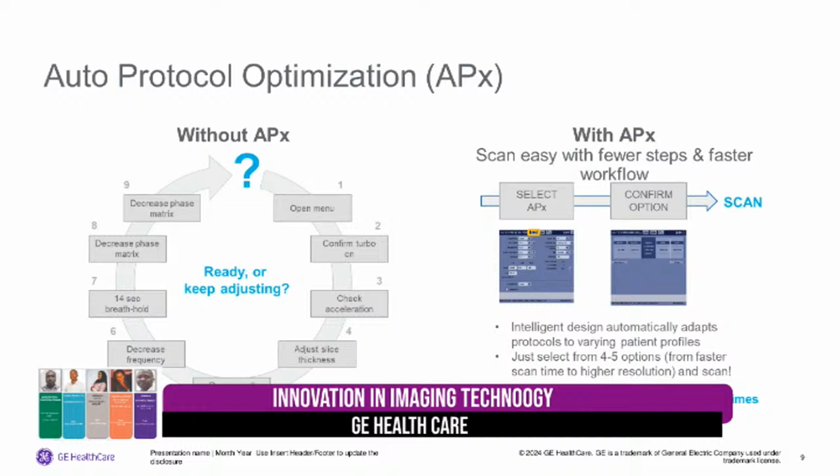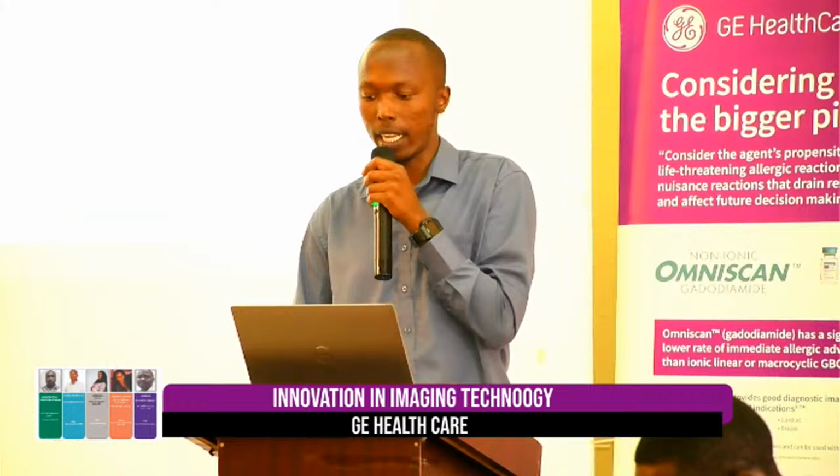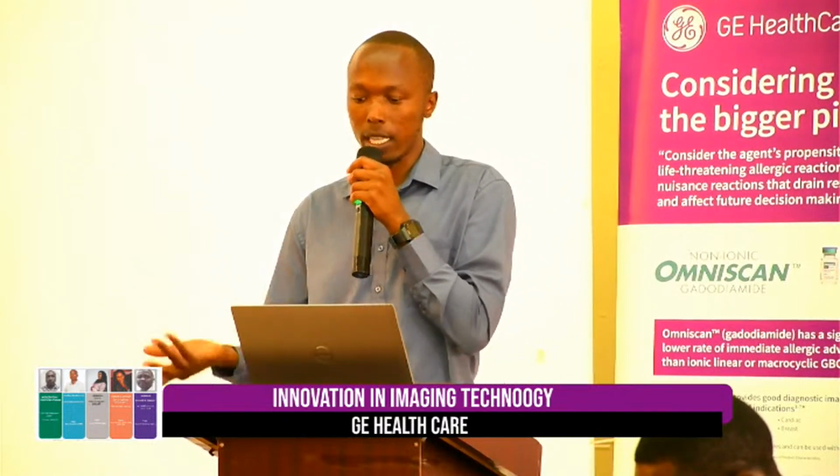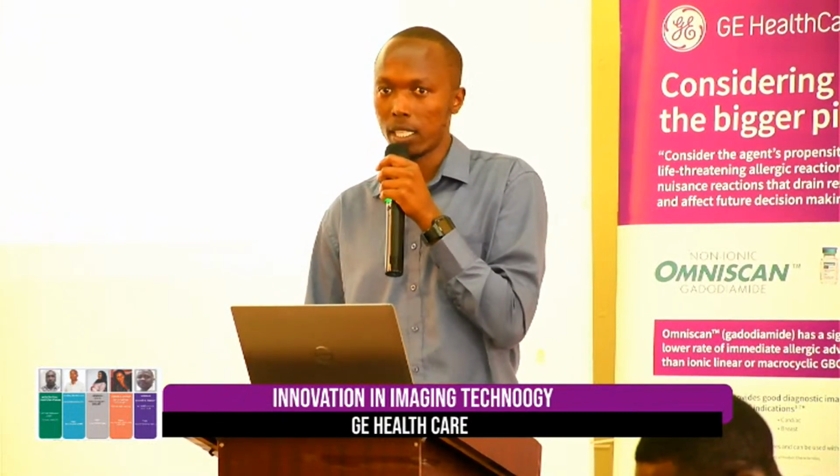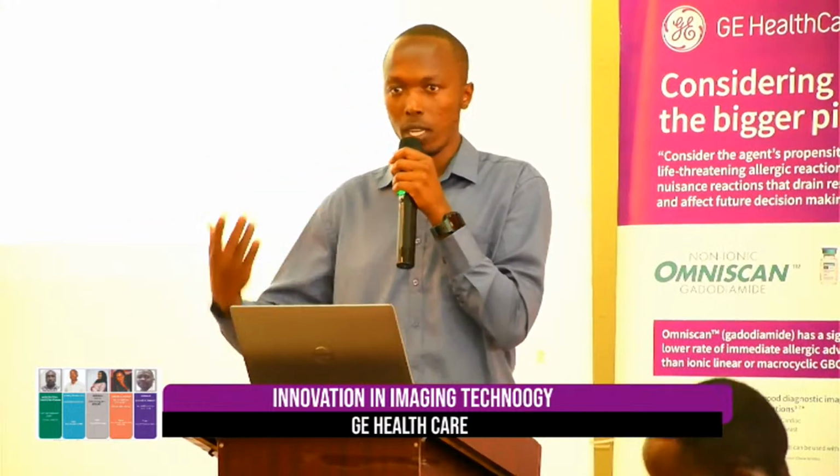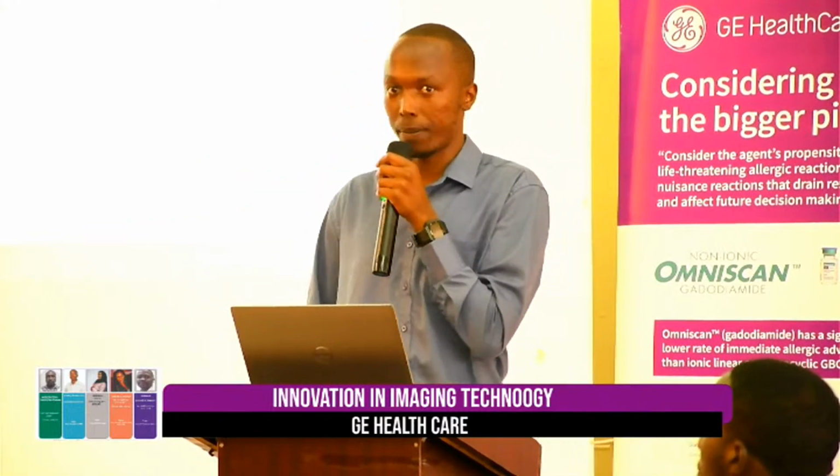After using the AirTouch technology, you touch the region you want to center, the table automatically advances, you come to the console, you just turn on the auto protocol optimization and select the parameters that you want to optimize. So it helps us to scan the patient faster.